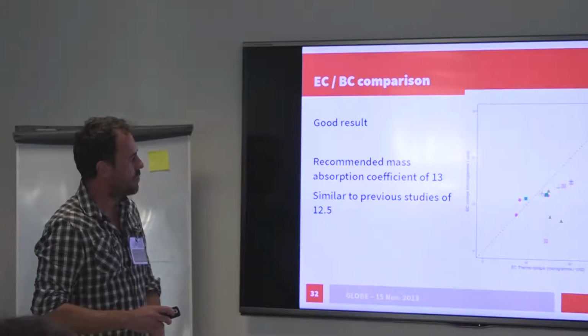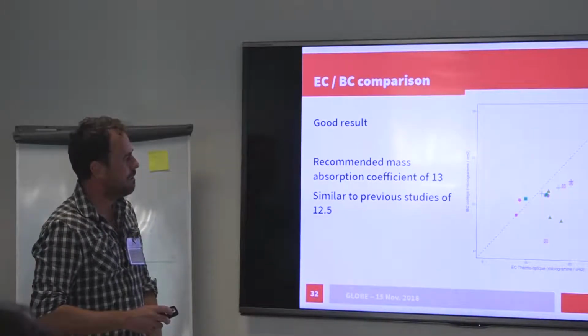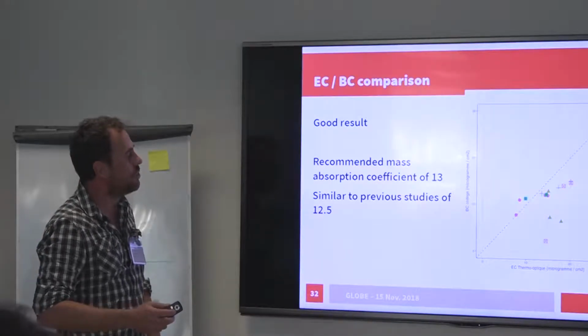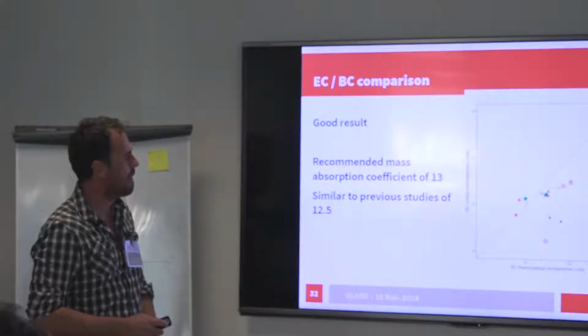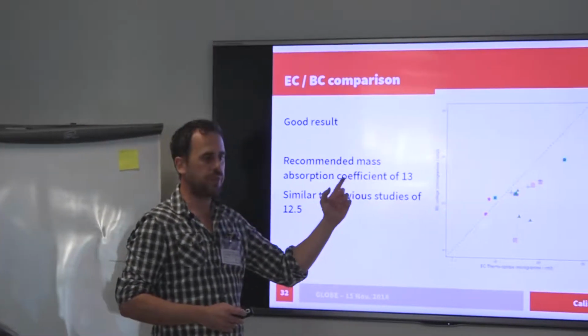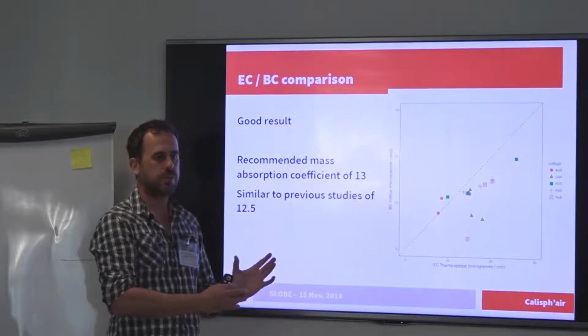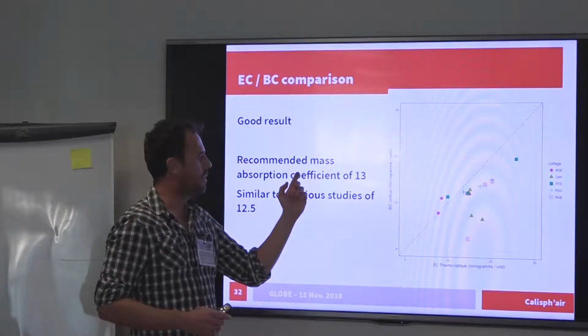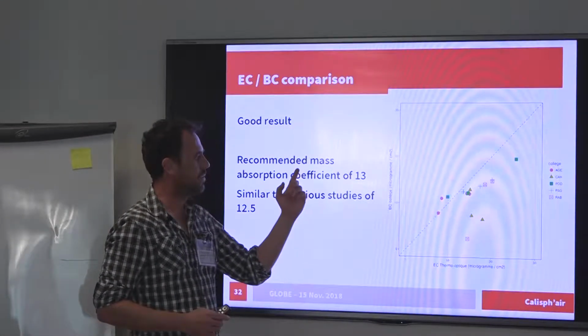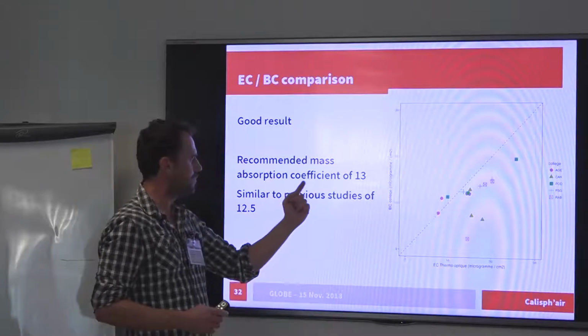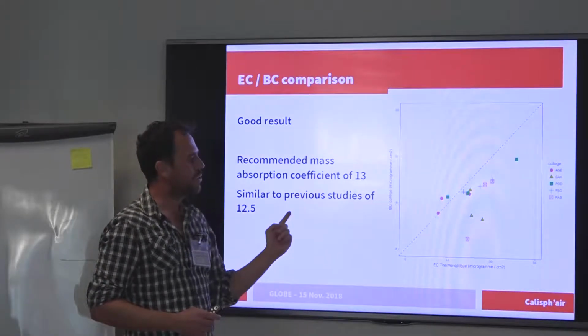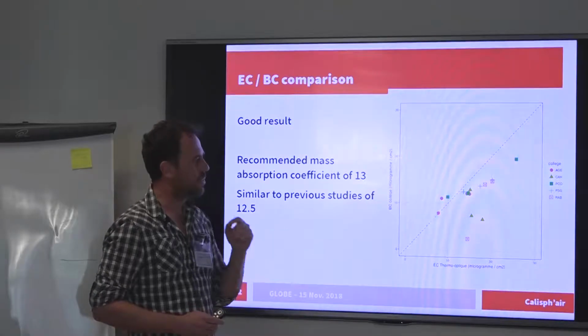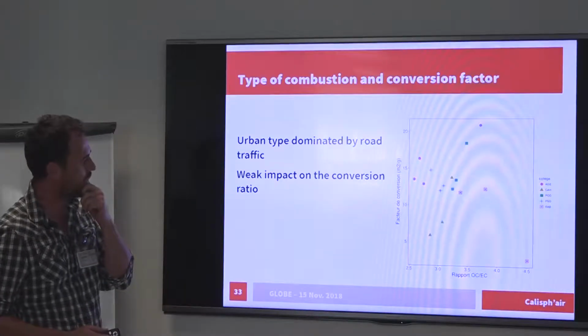When we compare to our measurements, we find a quite good relationship. We need a conversion factor because we make optical measurements and need to convert them into physical measurements. The conversion factor we use is very close to previous studies, and the instrument was working quite well.